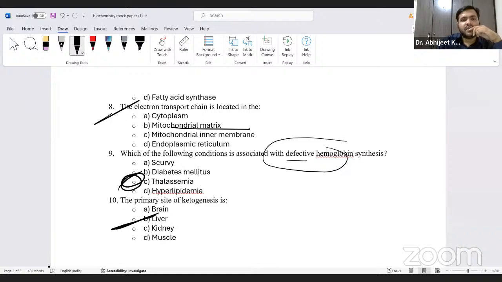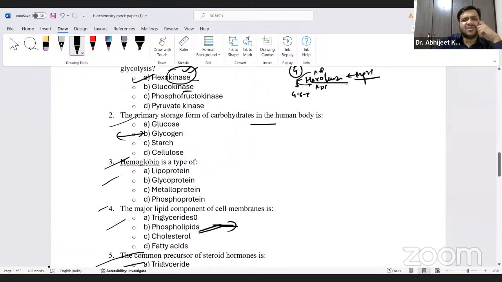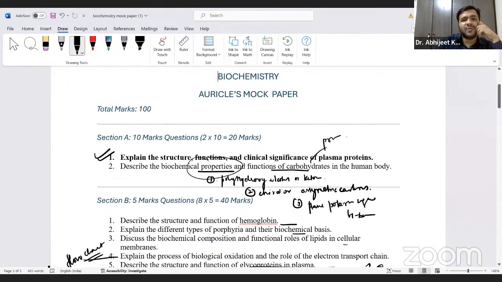That is something you have to remember, guys. These are all very easy questions, but how you write it in the exam matters a lot. Once you go through the paper, it is very easy. Try to pick up keywords, like structure of plasma proteins. You have to tell about the structure, then functions, then the clinical significance, writing under particular headings only so that it's easier.